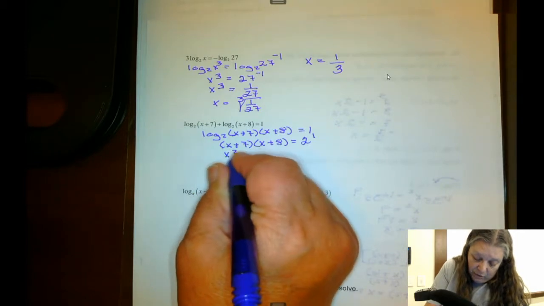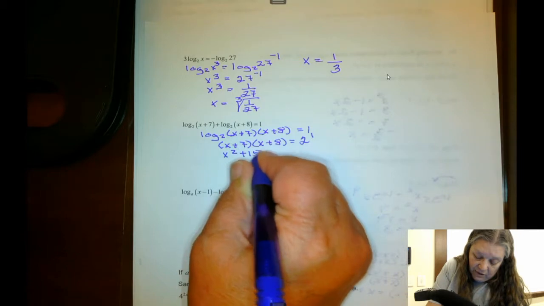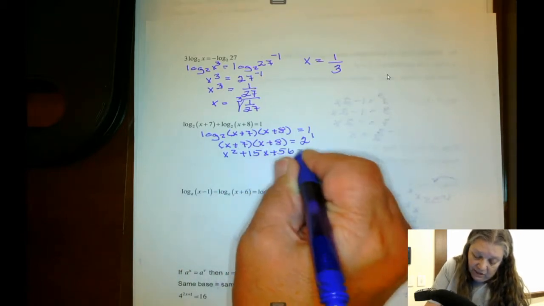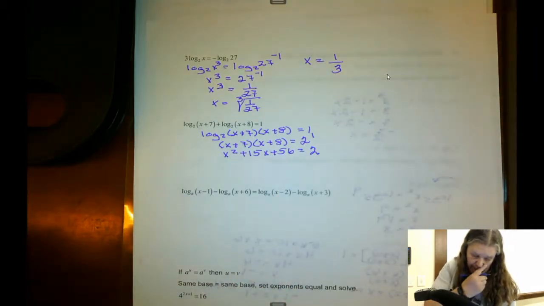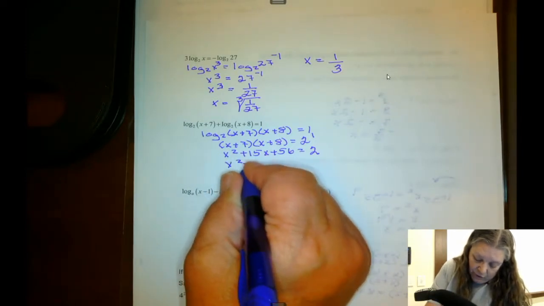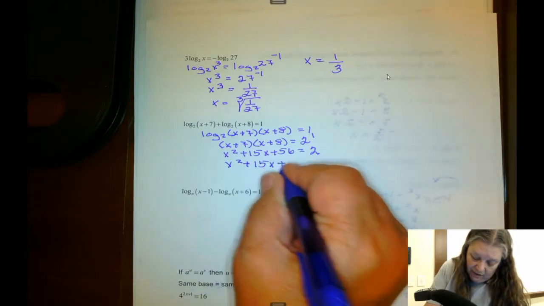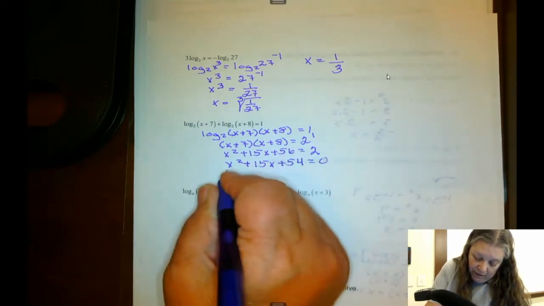So we have x squared, 7x plus 8x is 15x, plus 56 equals 2. Bring the 2 over. So we have x squared plus 15x plus 54 equals 0.